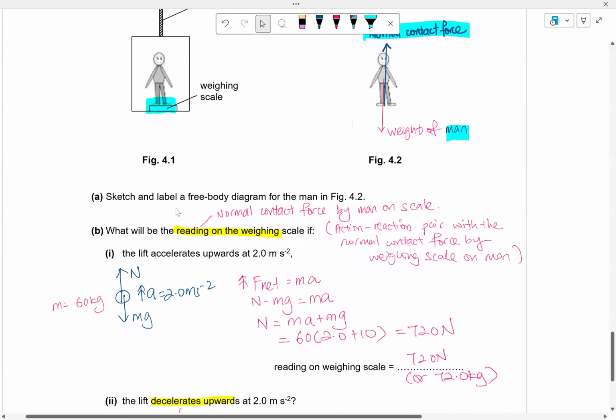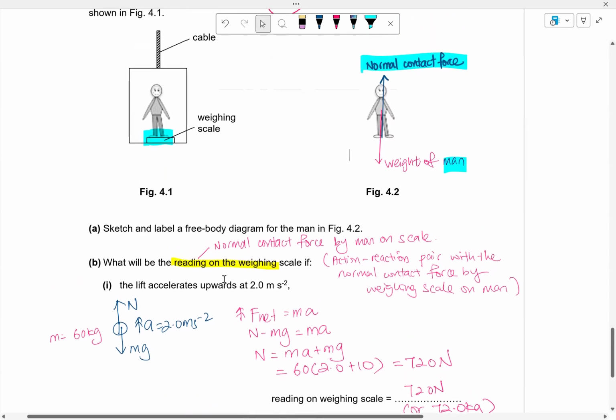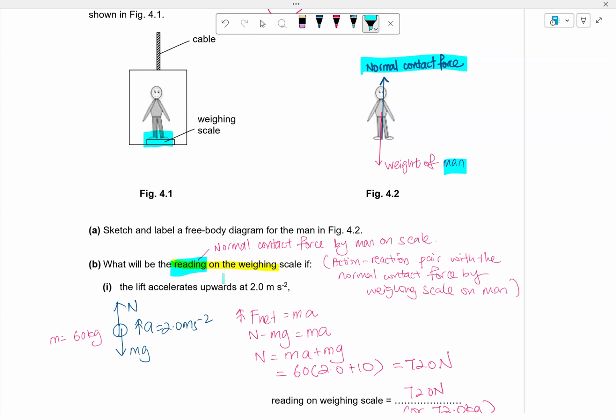Part B asks you, what is the reading on the weighing scale if the lift accelerates up and then accelerates down? So what we need to remember is whatever reading the weighing scale shows is basically dependent on how hard you press against it, which also means that the reading of the weighing scale is the normal contact force by the person on the scale.